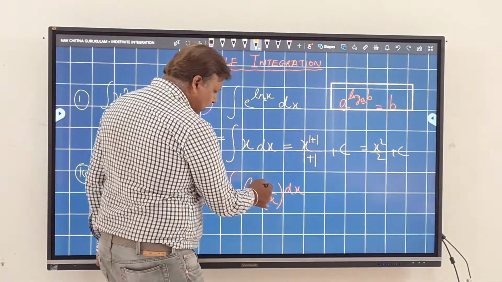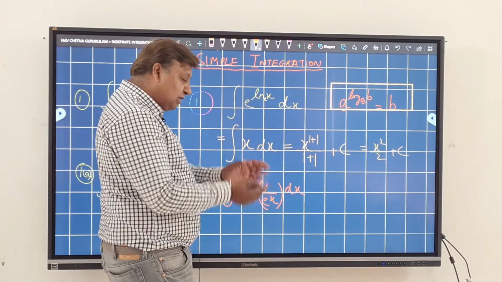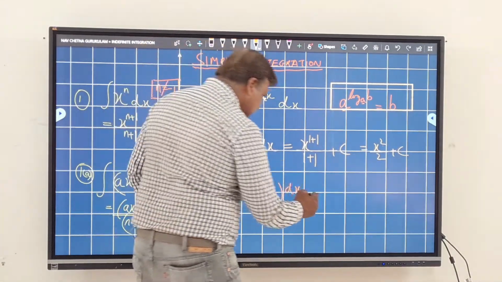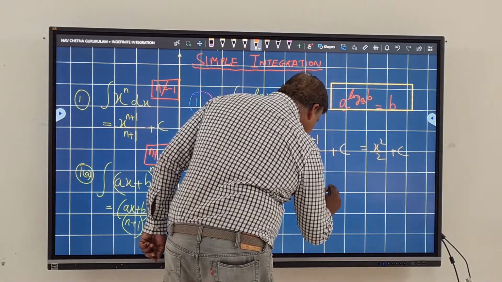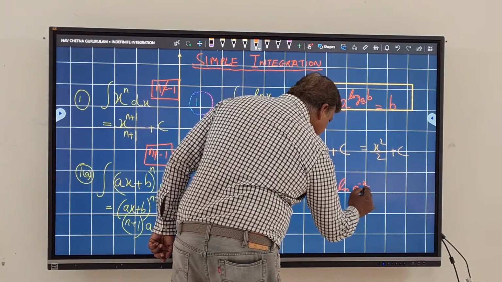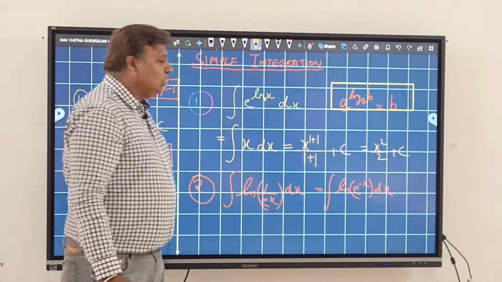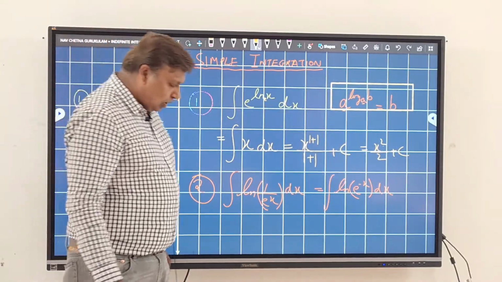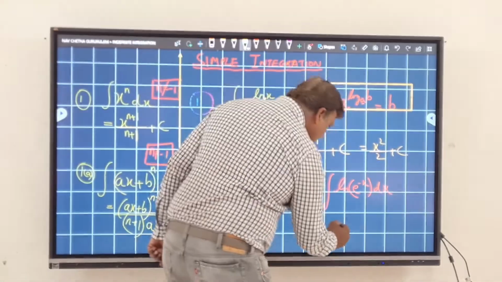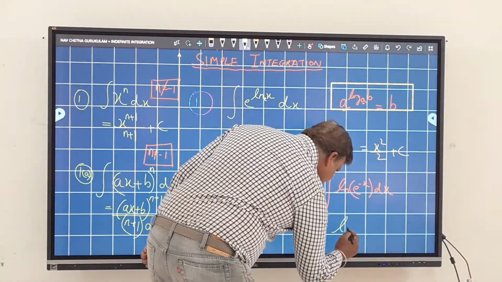Now we know 1 upon e raised to power x can be written in the numerator with its sign of the power changed to minus. So we can write it ln e raised to power minus x. Correct? Now I'll teach you one more rule of log. Already you might be aware of that, but it's worth revising.